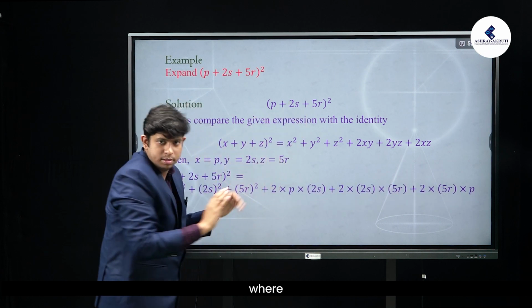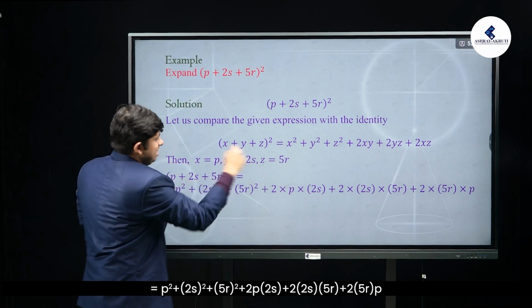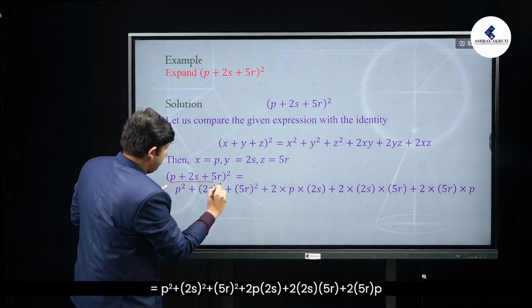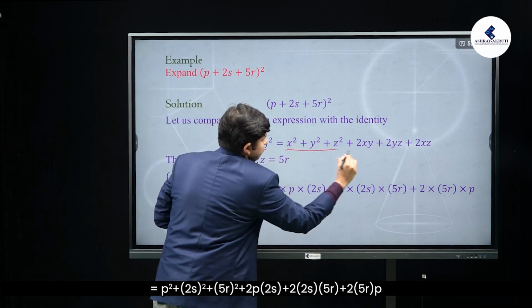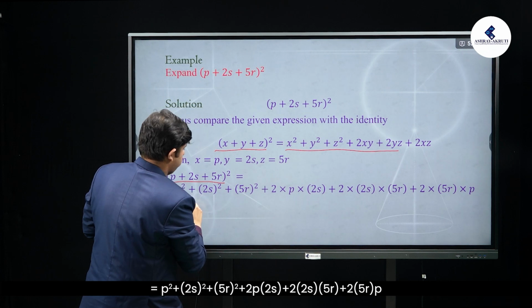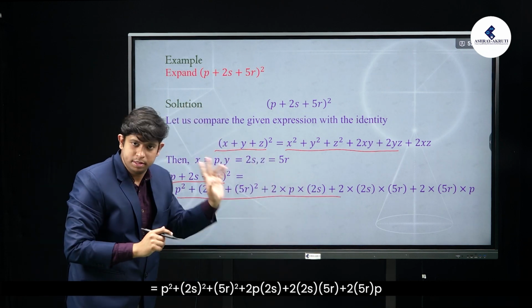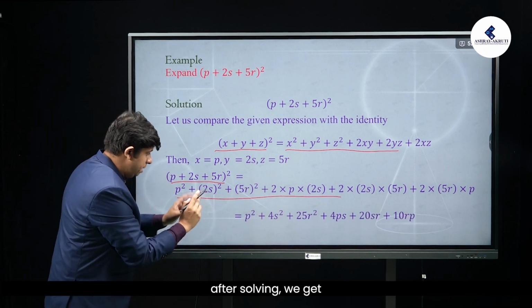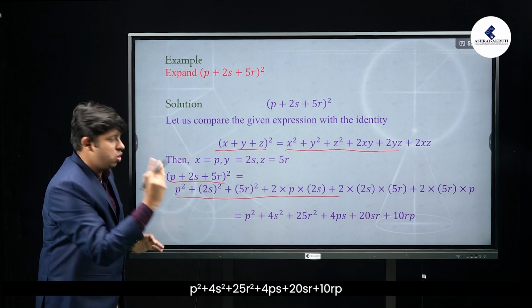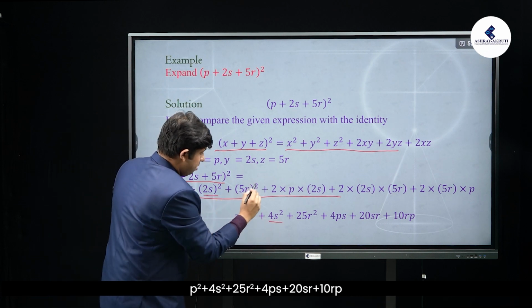Then p plus 2s plus 5r whole square is equal to p square plus 2s whole square plus 5r whole square plus 2p into 2s plus 2 into 2s into 5r plus 2 into 5r into p. After solving, we get p square plus 4s square plus 25r square plus 4ps plus 20sr plus 10rp.